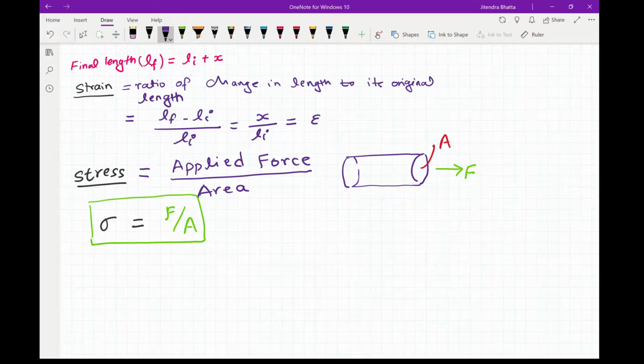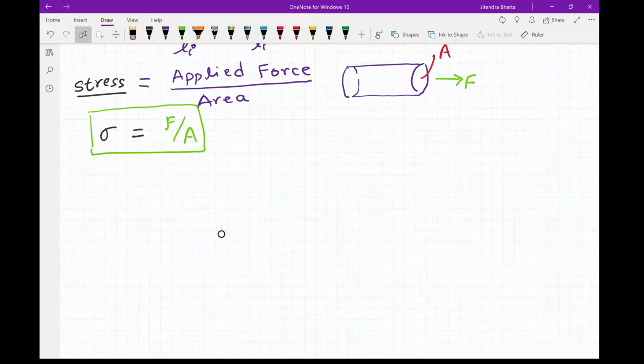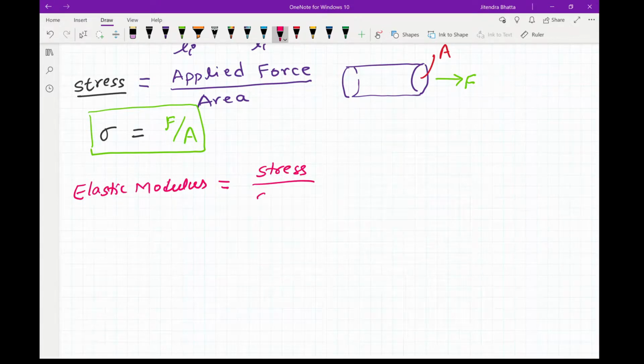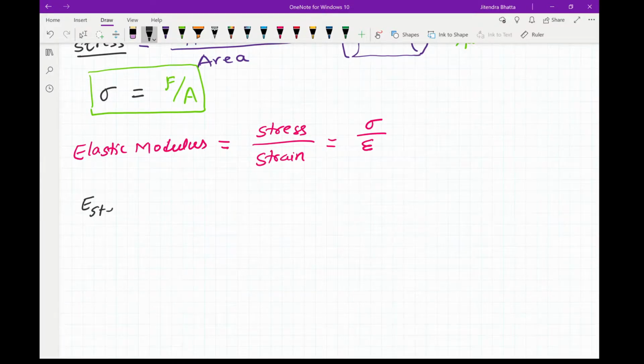And there is another term which is known as elastic modulus. Elastic modulus is defined as the ratio of stress by strain, sigma by epsilon. Now elastic modulus defines how strong a material is. For example, the elastic modulus of steel will be greater than the elastic modulus of concrete.